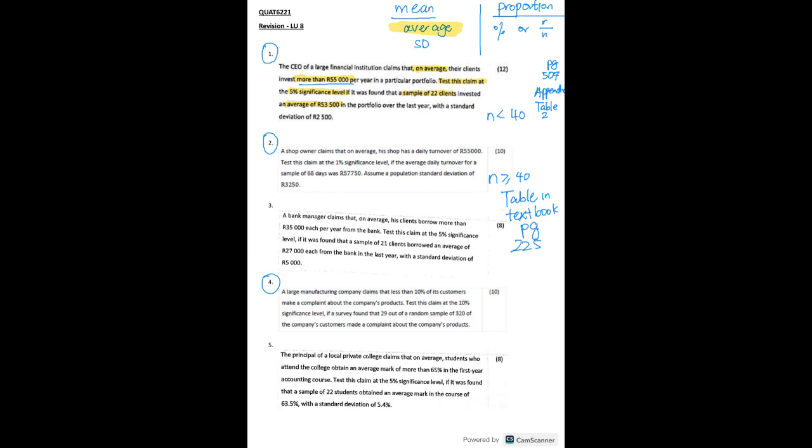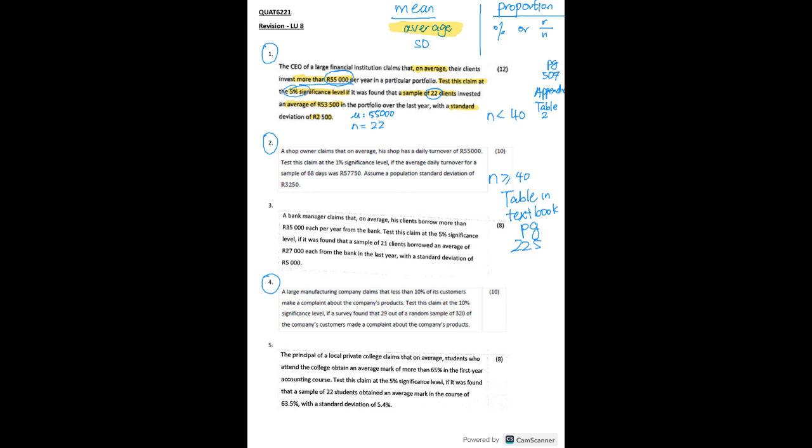So now, in terms of the information that's given to us, and I'm going to write it down, the 55,000 was your mu. That's what they gave to you in the opening sentence here. Your sample size was 22.